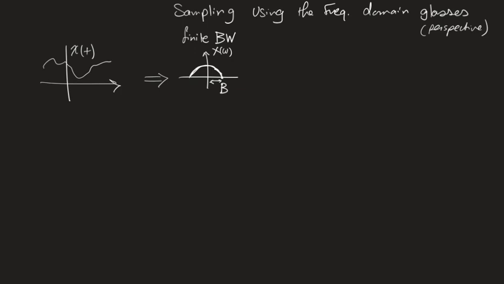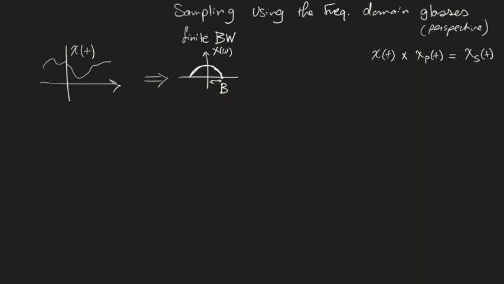What other things are we dealing with here? We have to look at that sampling function, xp. Remember, the sampling operation was x of t multiplied by xp of t to produce the sampled signal xs of t. So now I need to look at all of this from a frequency domain perspective.